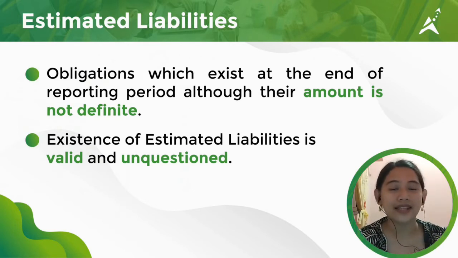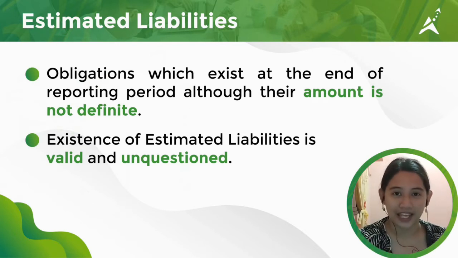And in some cases din, bukod sa hindi alam kung magkano yung exact amount, hindi rin alam ng entity kung sino nga ba yung babayaran. But the existence of estimated liabilities is valid and unquestioned. Why? Because may liability talaga tayo. Ang hindi lang natin sure is kung sino nga ba yung babayaran and the exact amount of the liability.